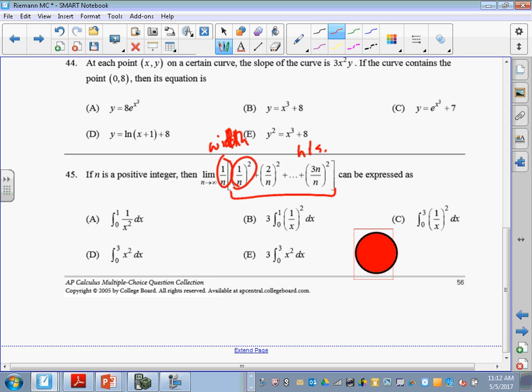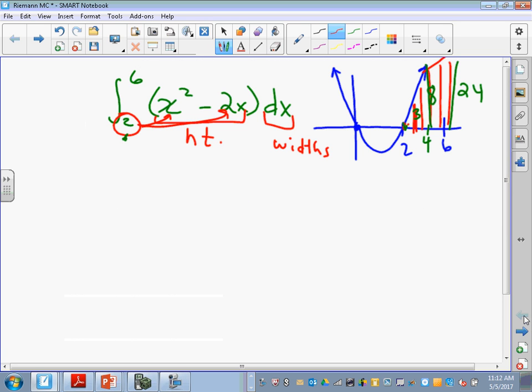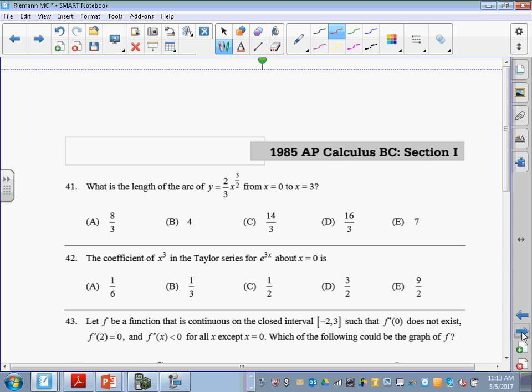So for our integral to match up, our first height is 0 and our last height is 24 for this problem. I'm going to hit all those numbers 3, 8, and whatever the next number is.